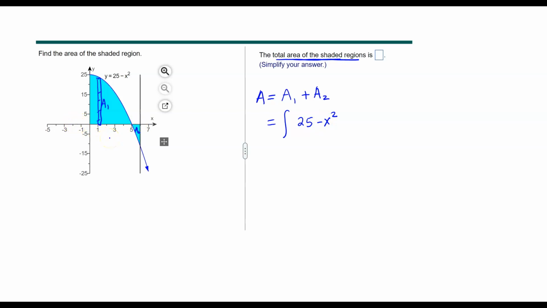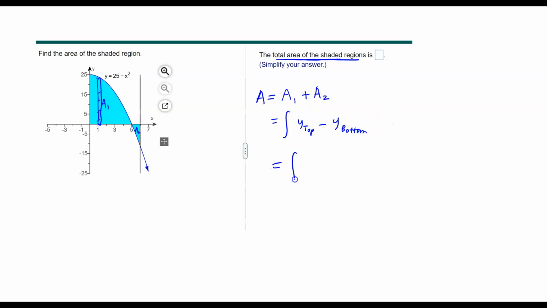So that means it's just 0. So therefore, you have 25 minus x squared minus 0. Remember that area is y top minus y bottom. And you do that the same for A sub 1 and A sub 2.